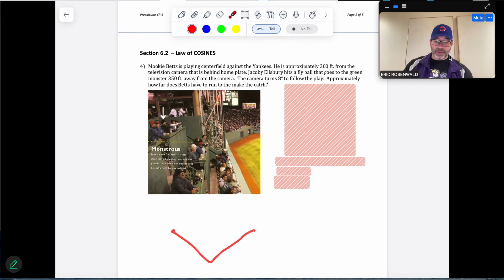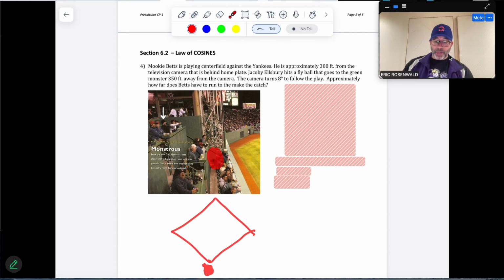So we got the baseball field like this. He's somewhere over in the distance here, and the camera is somewhere right here. And it says from behind home plate. Okay, so that's where the camera is, somewhere behind home plate. Jacoby Ellsbury hits the fly ball that goes to the Green Monster 350 feet away from the camera.